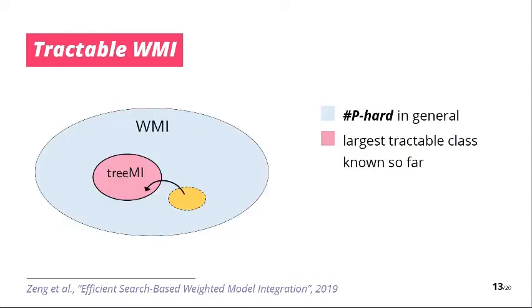We call the tractable WMI class in the previous work tree-MI, and we put these problems in the graph here. This is the largest tractable class known so far.